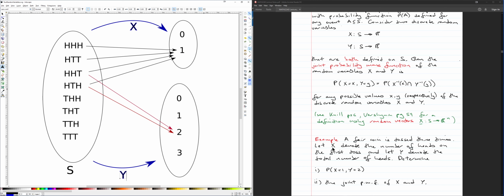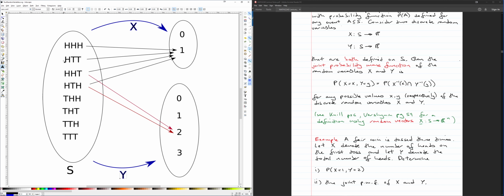Here, big X is the number of heads on the first toss. Looking at these outcomes, the first toss is a head, so the number of heads on your first toss is equal to 1.